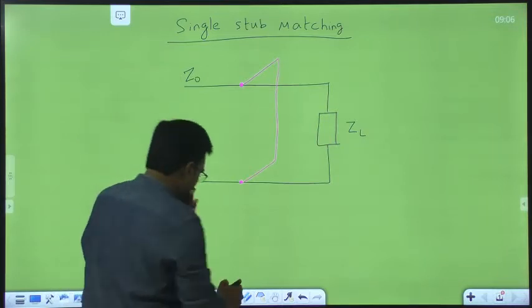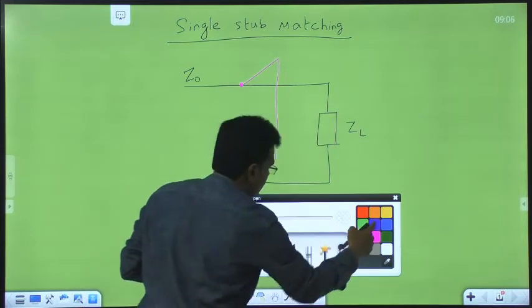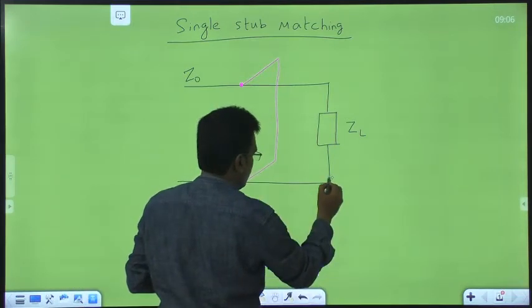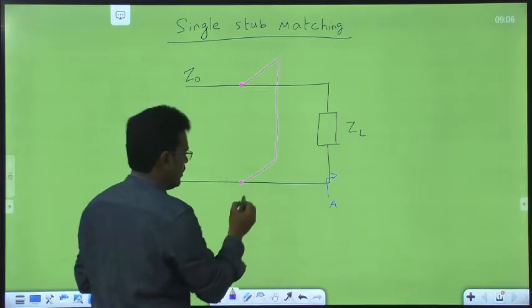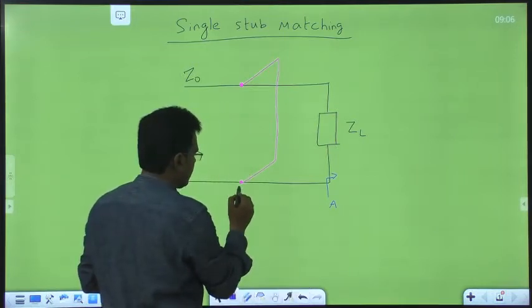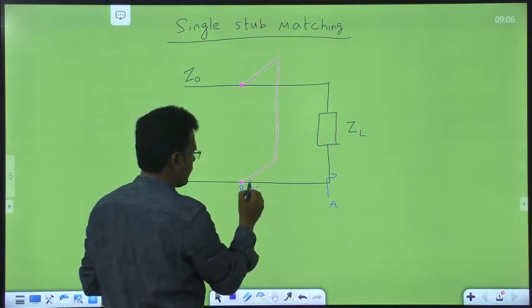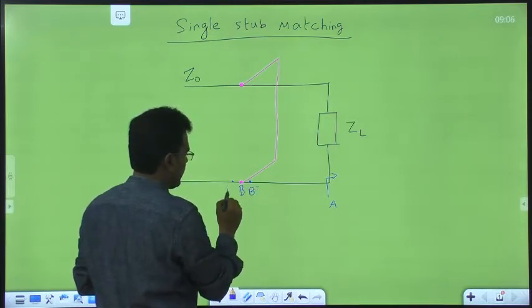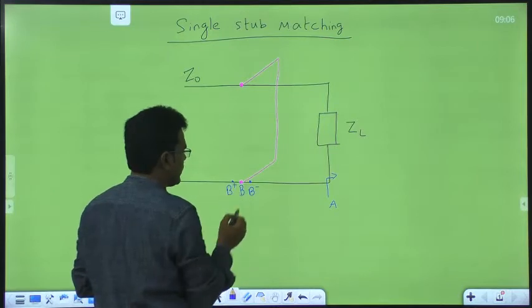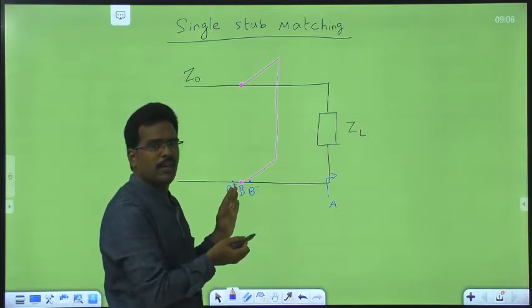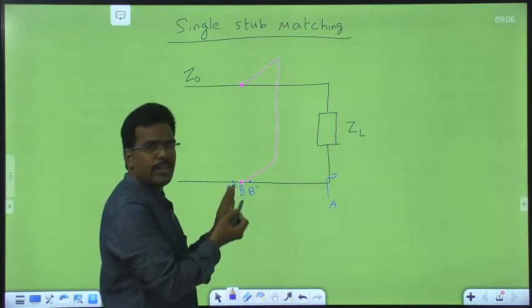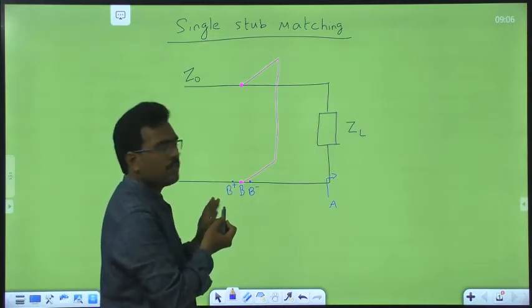Here it is point A, and this is B. This is B minus, and this is B plus. B minus means the impedance just before the stub. B plus means the impedance just after the stub.